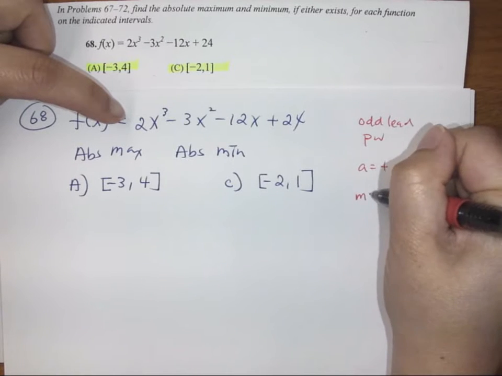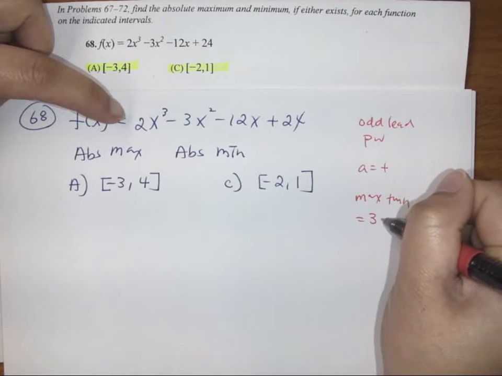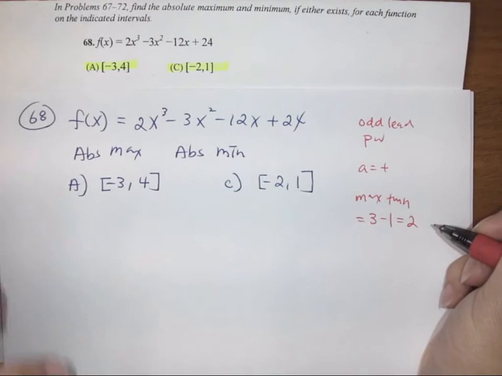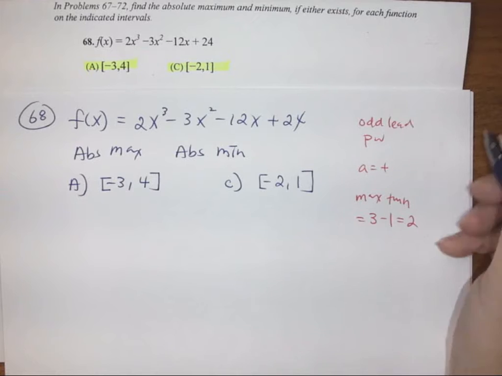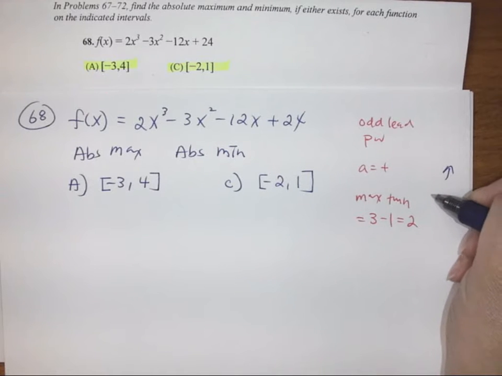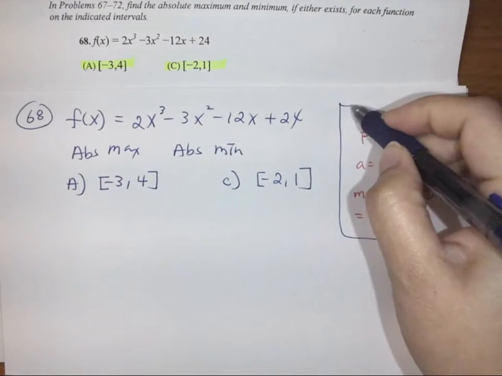The maximum number of turns is degree 3 minus 1, equal to 2. So the end behavior should be odd leading, a positive, one side up, one side down, 2 turns, just a regular S curve. We just want to keep that in mind.